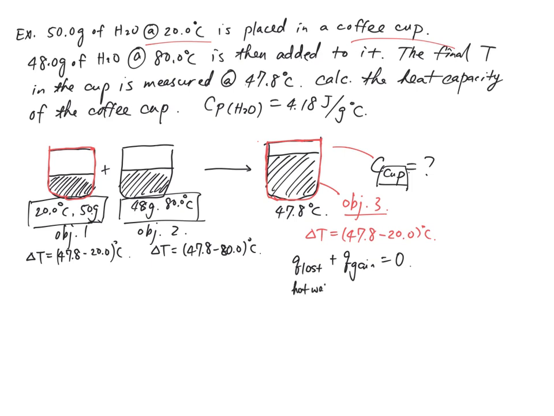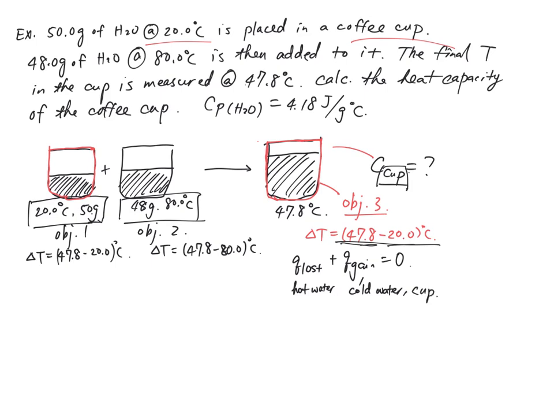Hot water is definitely losing heat. Anything else? You don't have anything hot anymore. So who's gaining heat? Cold water is gaining heat, that's for sure. But look at the temperature change of the cup. The cup has a higher final temperature than the initial temperature as well. So the cup is also gaining heat.